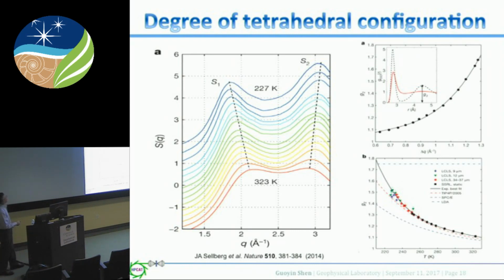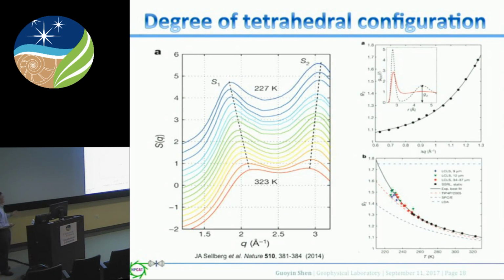G2 stands for the oxygen-oxygen pair distribution function, the oxygen-oxygen distance. The intensity of G2 is highly correlated with the separation of these two peaks.